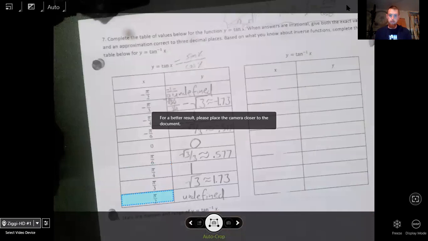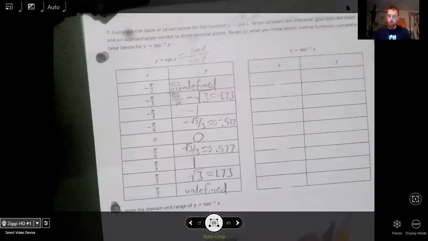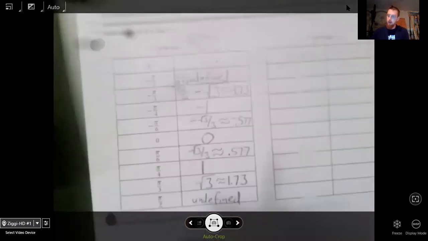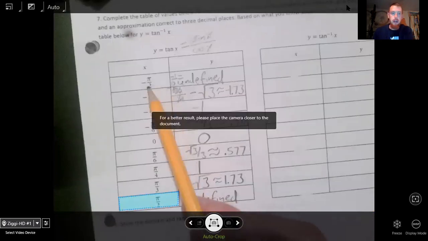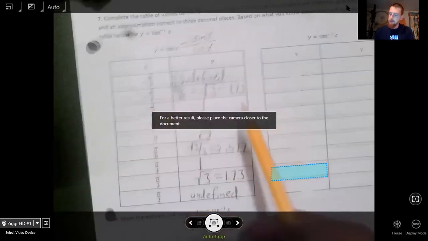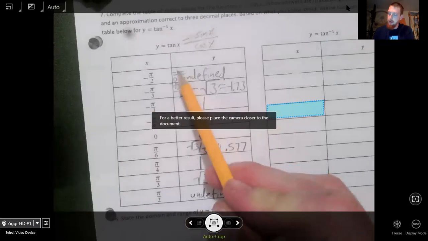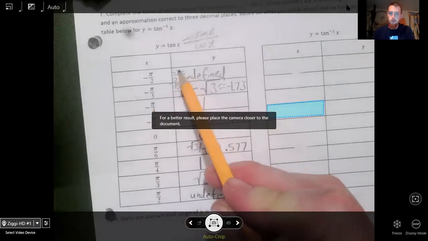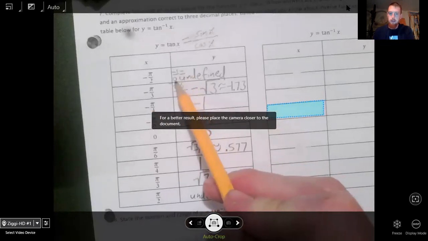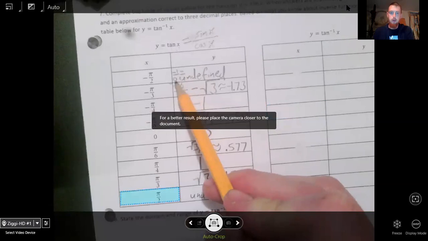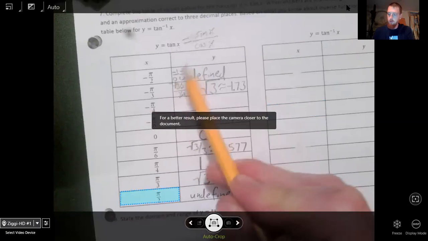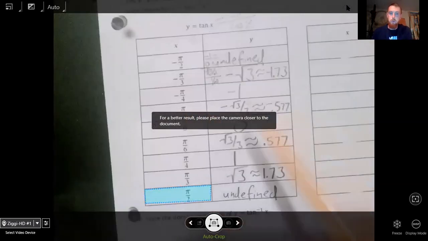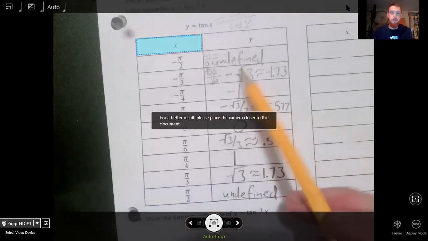So that's how we're building this table. For the tangent of negative pi over 2, that's going to be the sine of negative pi over 2, that's negative 1, divided by the cosine of negative pi over 2, that's 0. Big problem there. You've got negative 1 over 0. You're not allowed to divide by zero, so that comes out to be undefined.